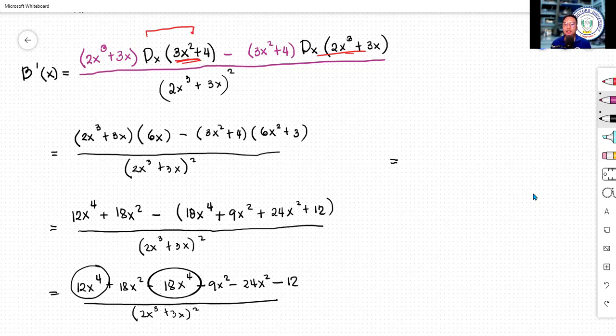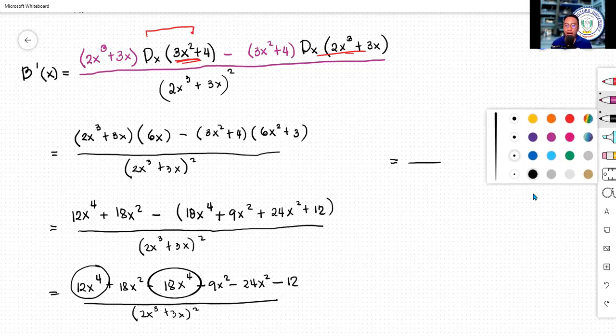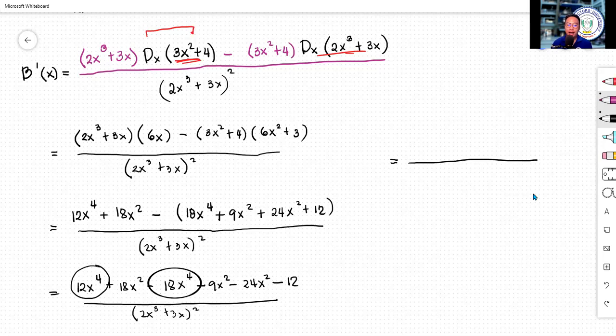Welcome. Thank you. So what is the answer when we combine 12x to the power of 4 minus 18x to the power of 4? Is it negative 6? Yeah, negative 6x to the power of 4. Next, the squared.